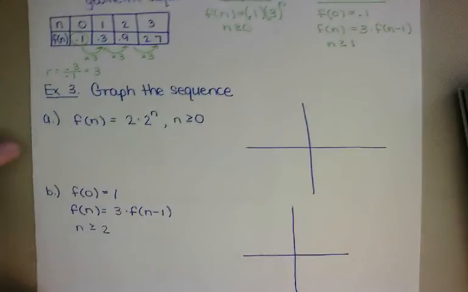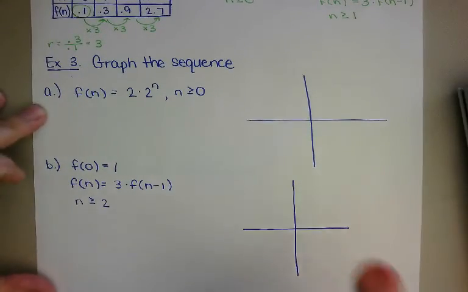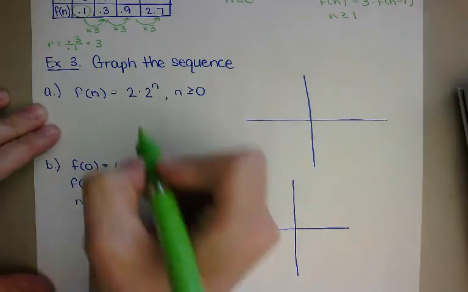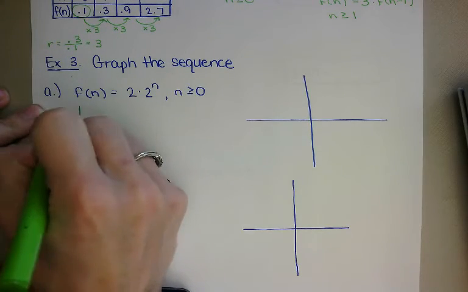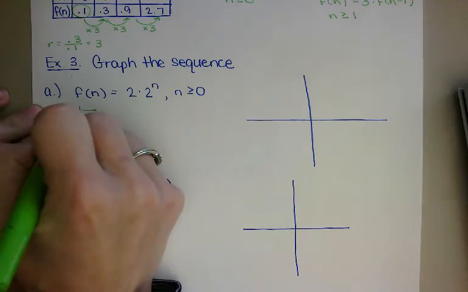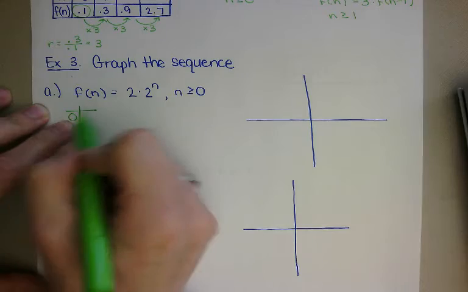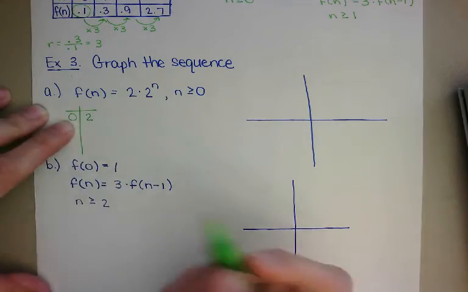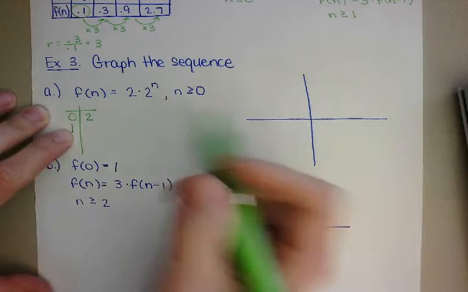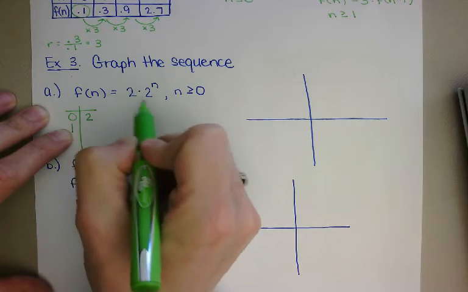Okay, let's look at graphing it. You can make a table if you want, or you can make it as a list. So we're going to plug in a 0, which is the first term. So the first term is 2. If I want to find the next term, they are multiplying it by 2.